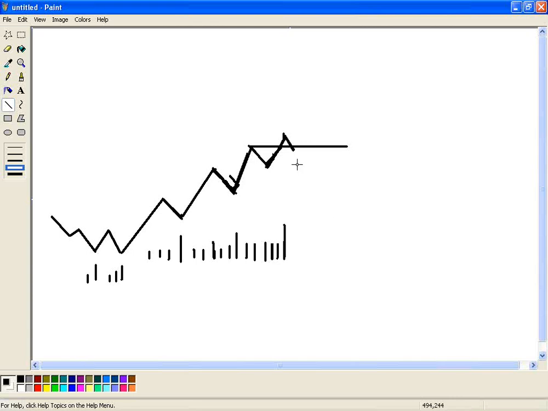So now you understand why we very often get double tops and double bottoms. Because if you're getting to that point where the higher prices are attracting sellers, typically a double top, you're going to have high volume on the first top, or an increase in volume on the first top.